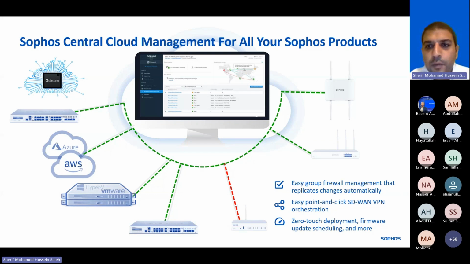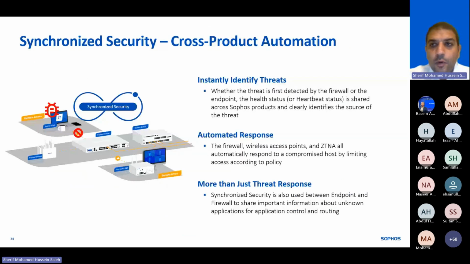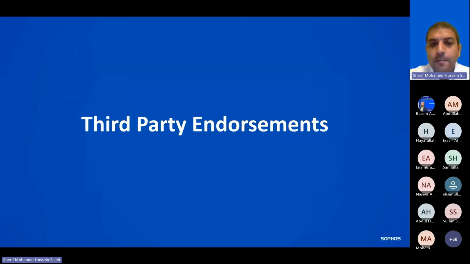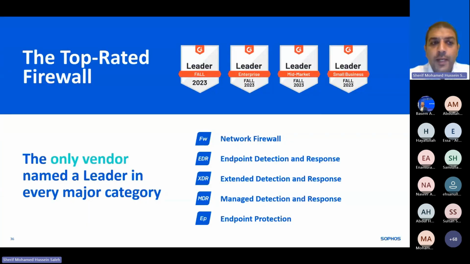From Sophos Central, you can manage all of our equipment, whether it's Wi-Fi, access points, or firewalls, and it provides different types of options. Let's go faster. Here the synchronization and integrations happen between the different products as well. Sophos firewalls are unique and top-rated.